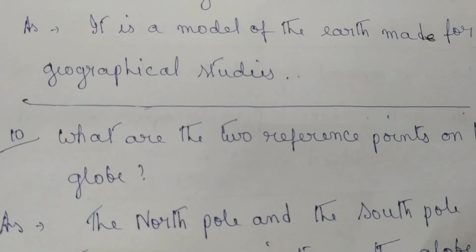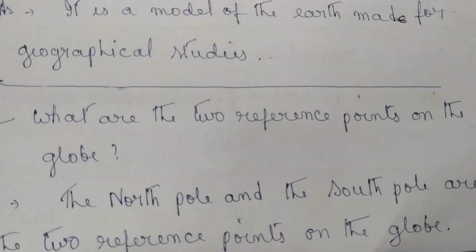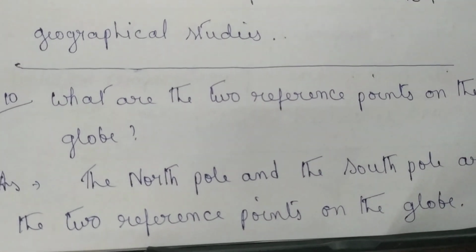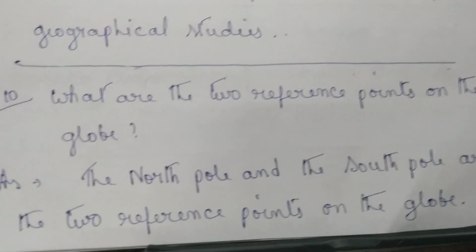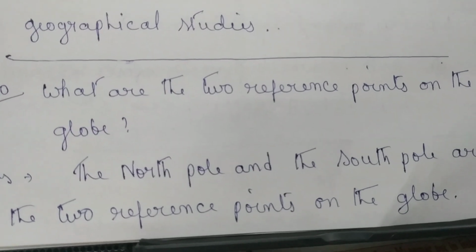What are the two reference points on the globe? The North Pole and the South Pole are the two reference points on a globe.